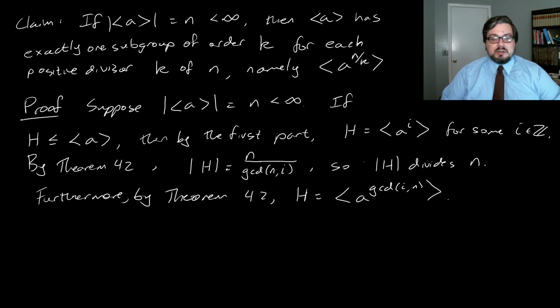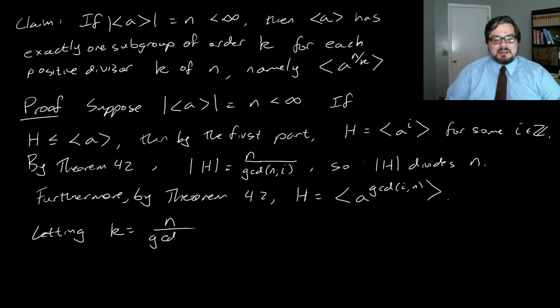And the order of H is n divided by GCD of n and I. So letting K be n divided by the greatest common divisor of n and I, we get our result.